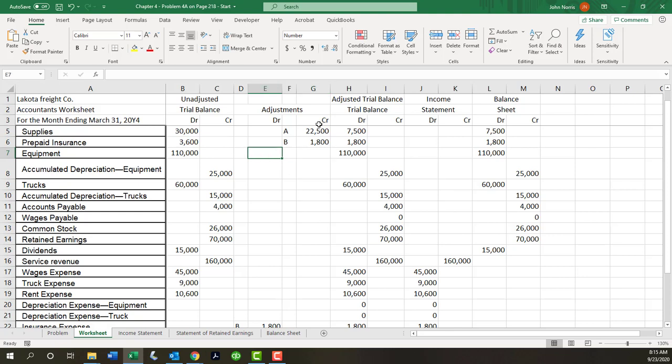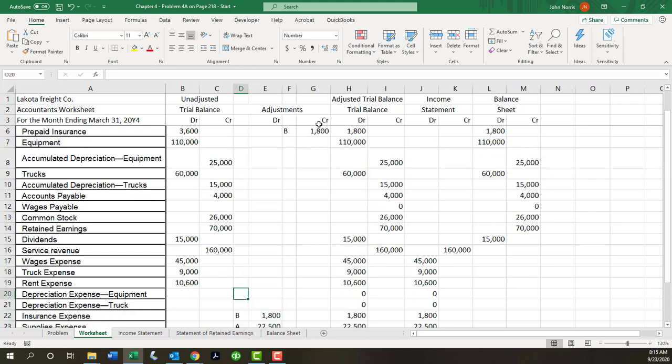Depreciation on the equipment is C, and it tells us $8,350. That goes to the accumulated depreciation for the equipment.